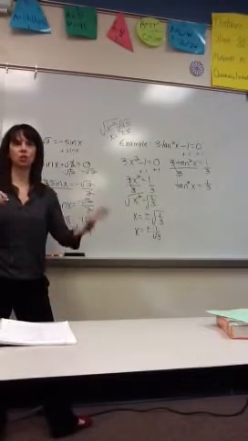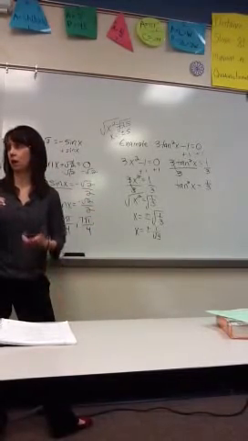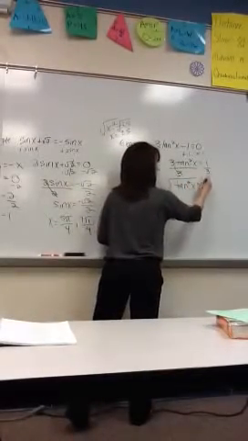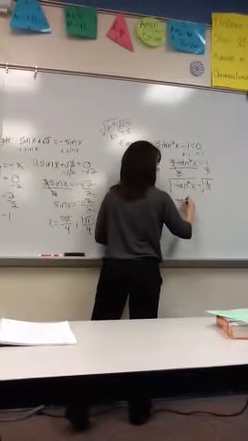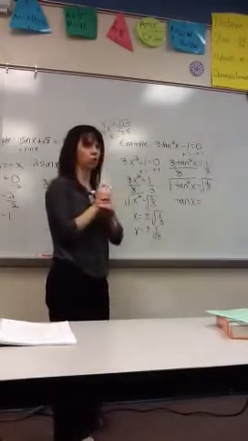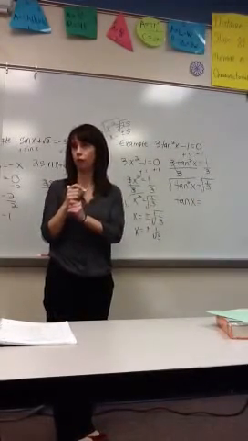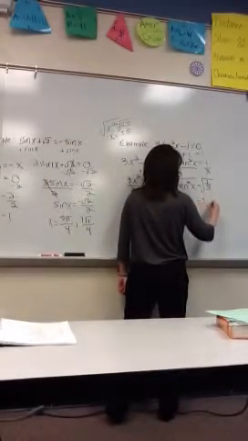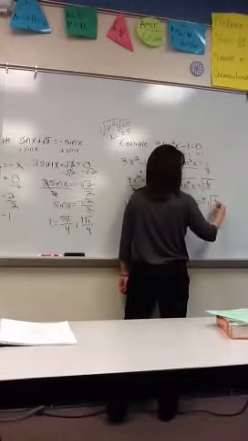It says tangent squared. We don't want tangent squared. We want tan. So I'm going to square root each side. So the tangent of x is equal to, first of all, how many answers are we going to have? We're going to have 2 of them. So we're going to have positive and negative square root of 1/3.